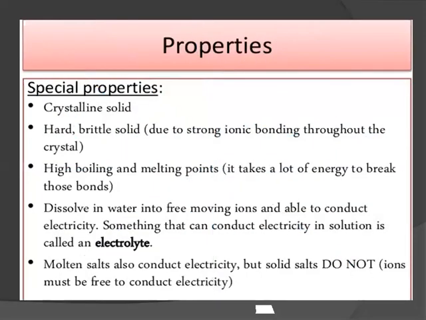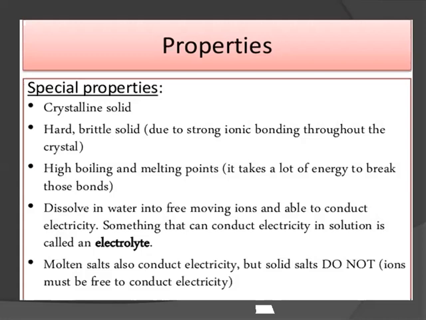Properties. Apart from these, the special properties of salts are: in the physical form, salts are crystalline solids. Salts are hard and brittle due to strong ionic bonds formed throughout the crystal. Salts also have high melting and boiling points.